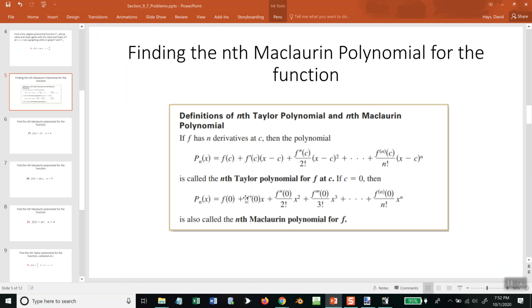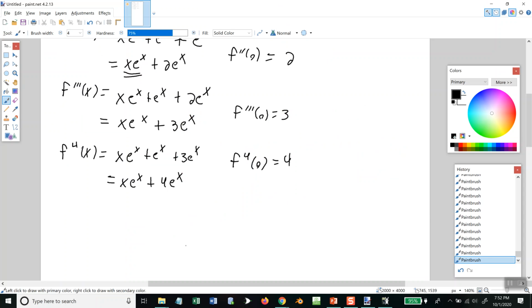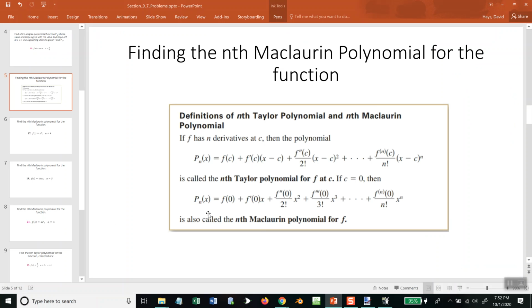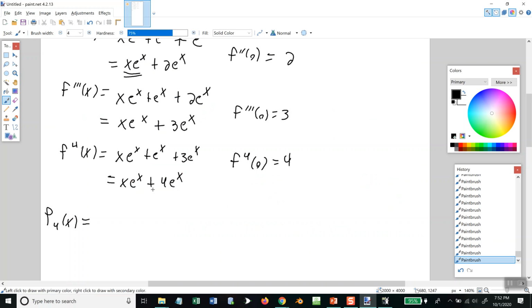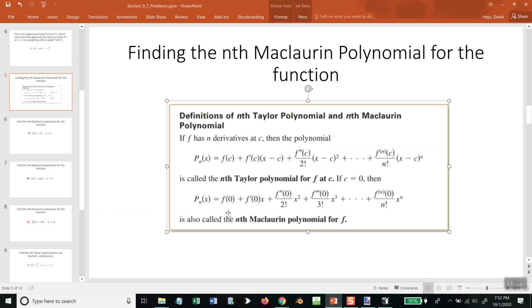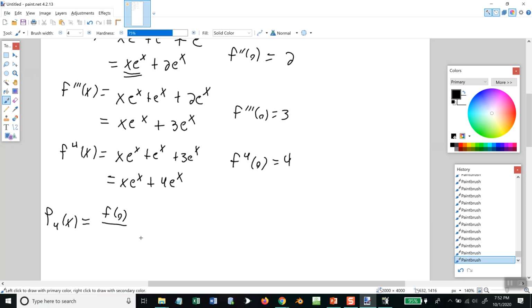Okay, so from our Maclaurin polynomial, p sub 4 of x is going to equal, and there is a pattern here. It's not like the first two are different, even though it looks like it. That's f of 0 over 0 factorial.